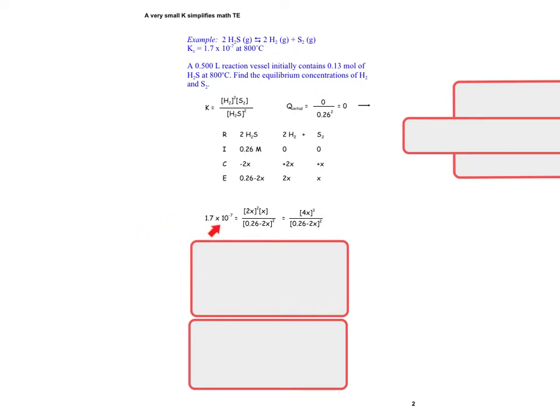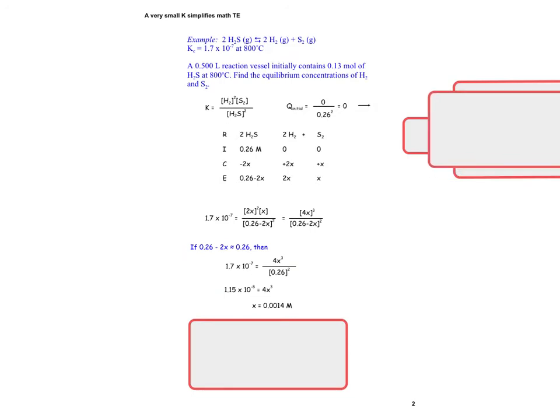And I see I have 1.7 times 10 to the negative 7th is 4x cubed over 0.26 minus 2x squared. And yeah, I could bring that over and it's just going to be hard, especially on a graphing calculator, but even on Desmos, when you have k's that small, it becomes really hard to find the root. So we're going to simplify.